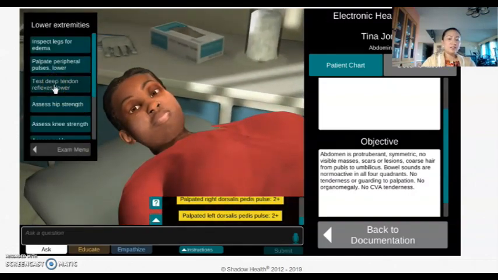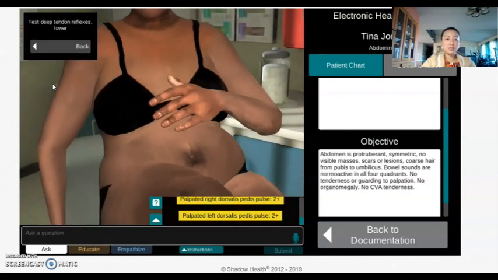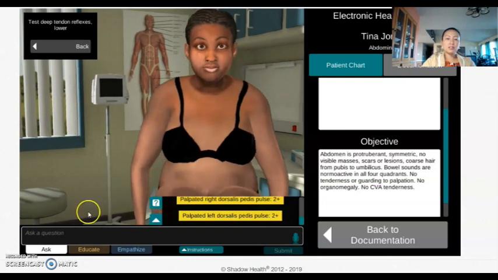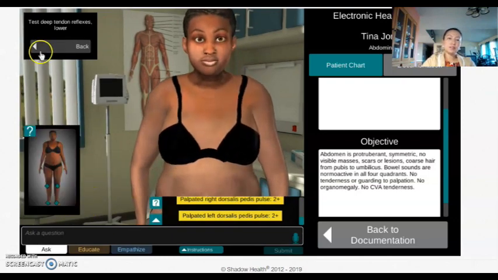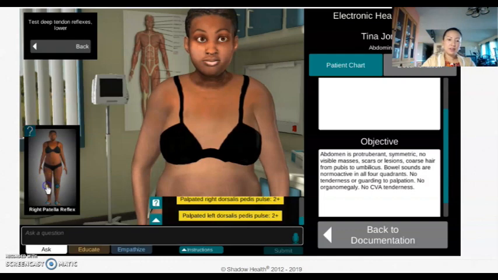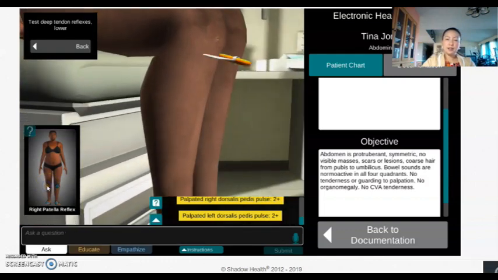Okay, now I'm going to check the tendon reflex on the lower extremities. I'm going to start with the patellar reflex on the right side. I'm going to check the left side as well. There you go, it's reactive.